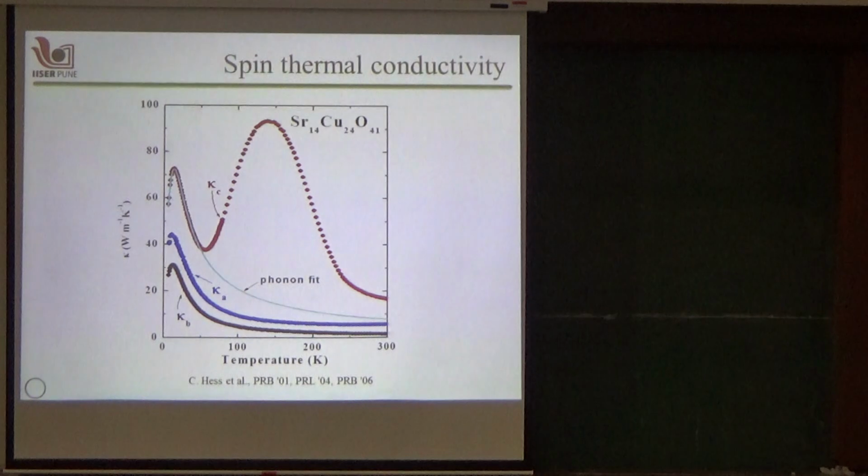So as I was telling you, these are electrical insulators, so no electrical conductivity, but they can carry heat, and they can carry heat quite efficiently, as you can see here. This is thermal conductivity plotted as a function of temperature. The first peak that you see here is the normal phonon peak that you expect in any insulating crystal because of Umklapp processes.